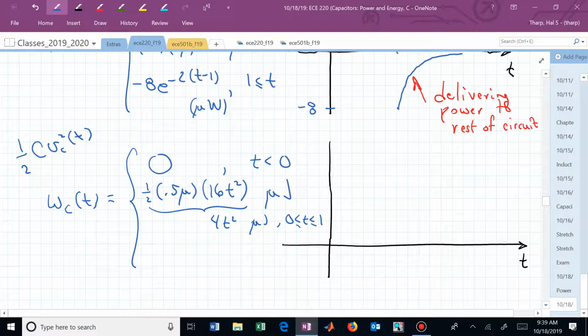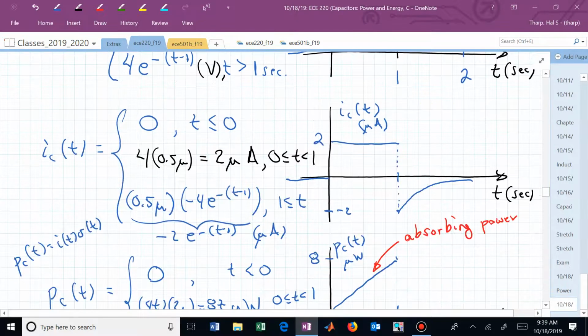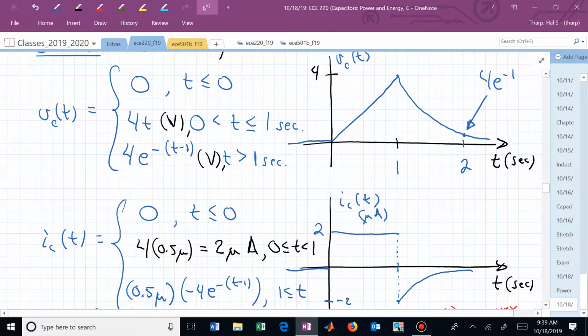And the last one is again 1/2 c times the voltage squared, but that's now just 16 e to the minus 2 times the quantity t minus 1, squaring that exponential term.